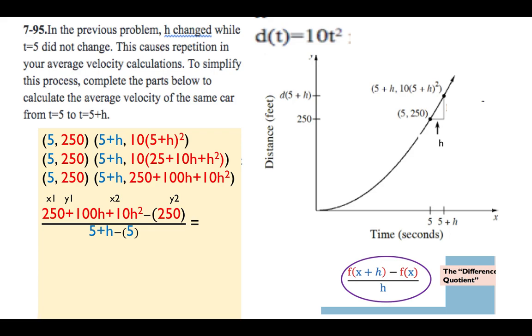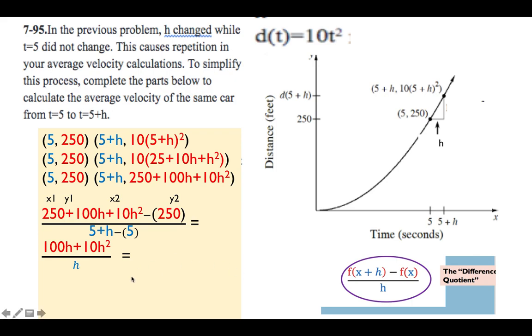What's nice about this at this point is that things are going to cancel out. 250 minus 250 is 0. Then we have 5 minus 5, that cancels out. So we got a nicer equation.